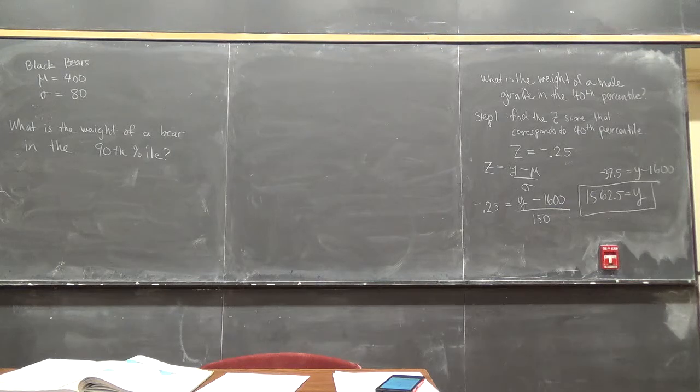Can I ask you something about that one? Based on your answer from that question, what if you want to find the weight of a male giraffe in the 60th percentile? How can you figure that out with that answer? Well, you still have to figure out your z-score.